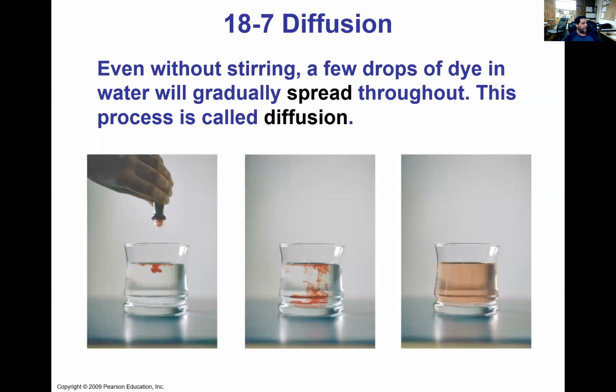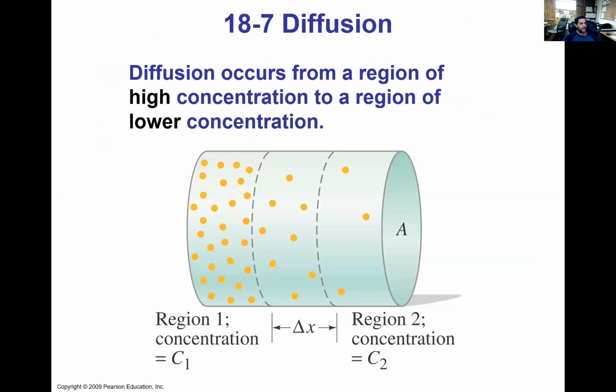Diffusion is kind of an interesting subject because even without stirring, if you put a little bit of dye or something in water, it'll disperse and it'll make it turn pink. That process is called diffusion, and it also happens in gases as well. So you have areas of high concentration and low concentration of whatever it is, and it will diffuse.